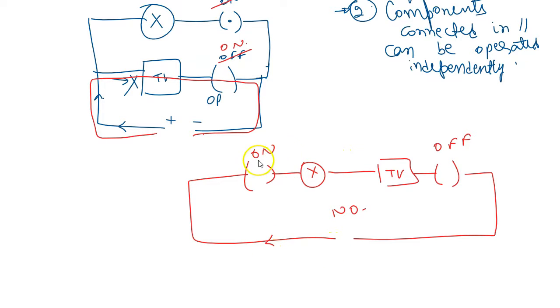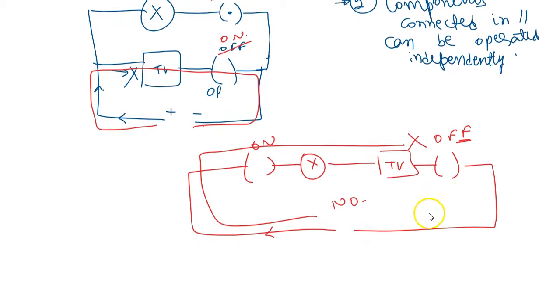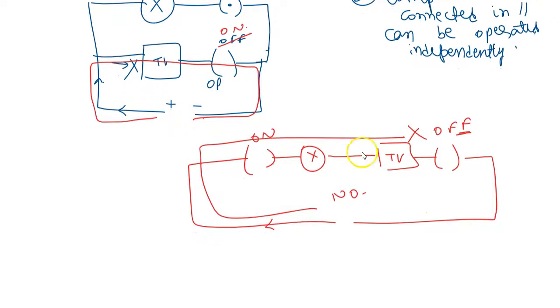Even if you switch one component on, the other is off, so the current does not have a closed path to follow, right? So if I want the current to flow, both of them should be on or both should be off. That means I cannot operate them individually or independently, right?